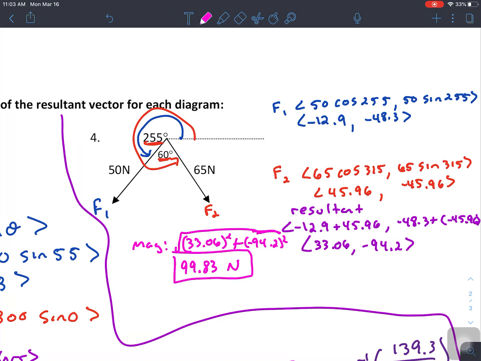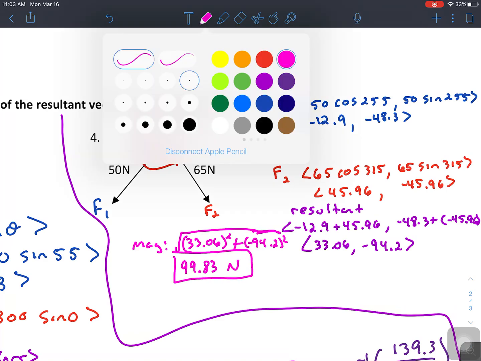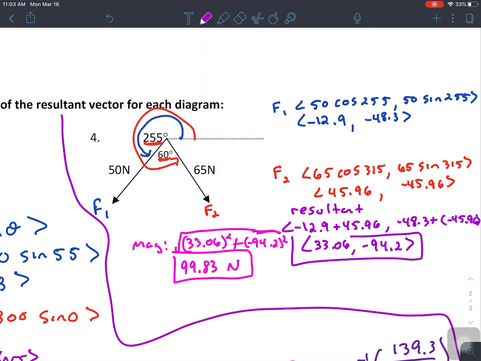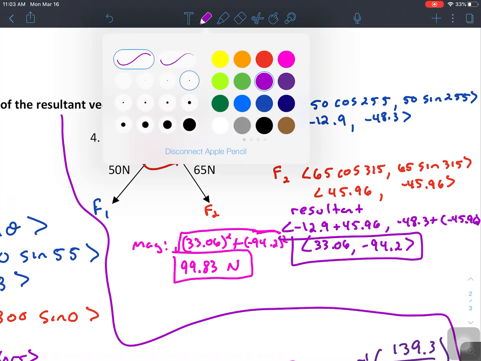Which, by the way, when you have both these newtons, the resultant of this is going to put you in the fourth quadrant. Something to think about when we find our angle here.